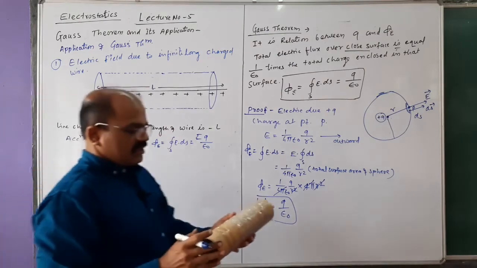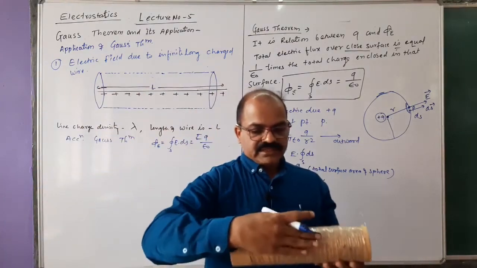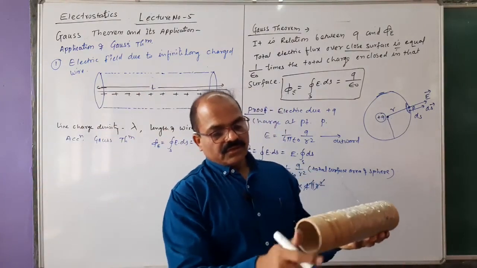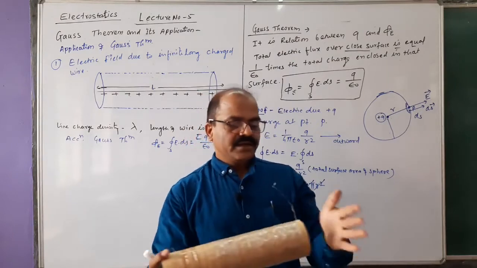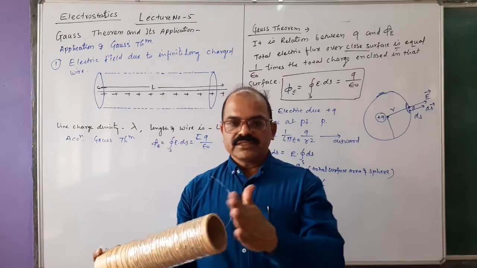So this is the cylinder. It has three surfaces. One is this curved surface, the second is this plane surface, and the third is this other surface.